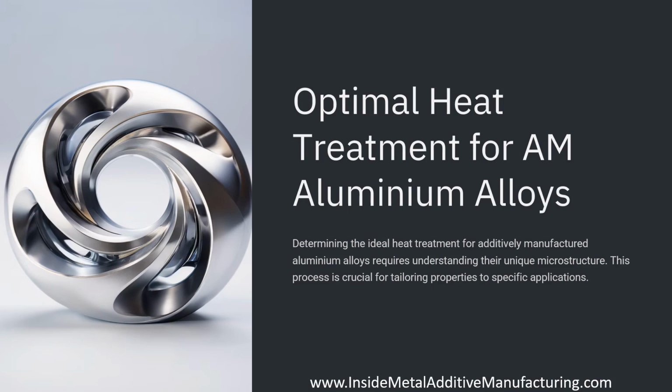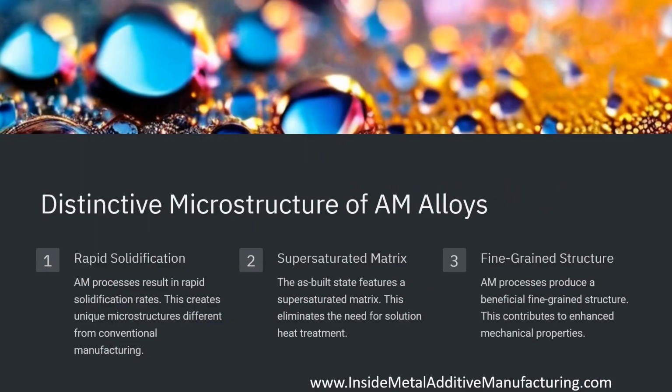The distinctive microstructure of additive manufacturing aluminium alloys stems from the rapid solidification rates typical of additive manufacturing processes, particularly laser powder bed fusion. These conditions result in microstructures that significantly deviate from those observed in conventionally manufactured counterparts.